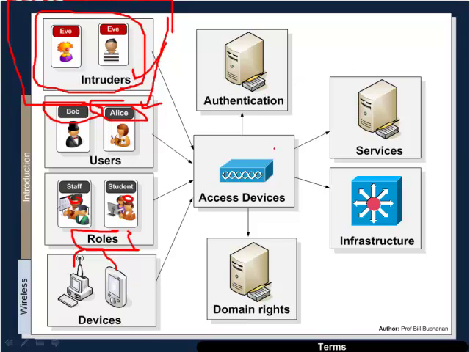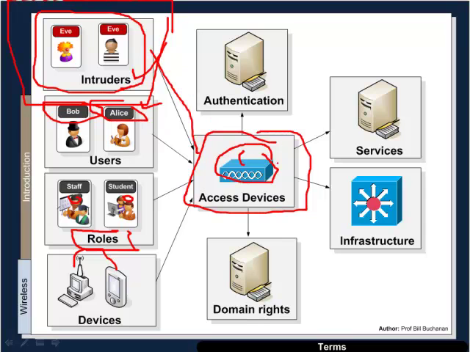So we typically have access devices, and in this case we have a Cisco Aironet, which is a standard device used in many corporations to provide wireless access. At the back end we have a network infrastructure built around switches and routers.